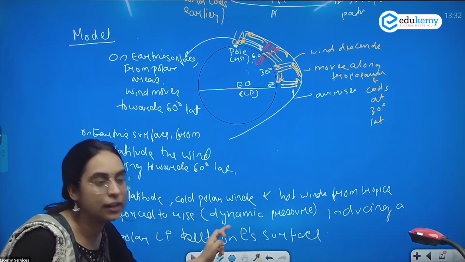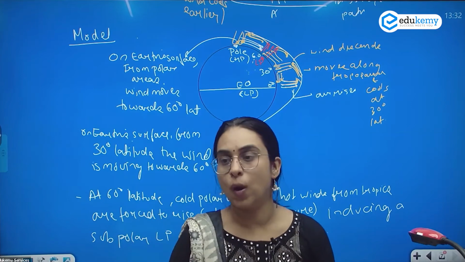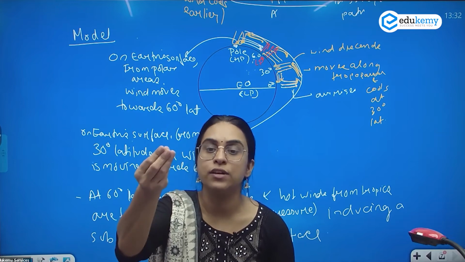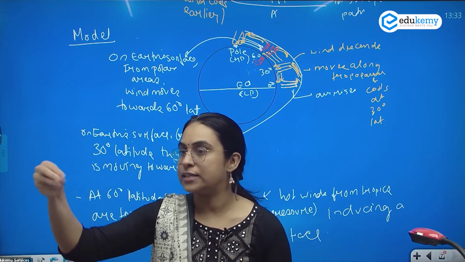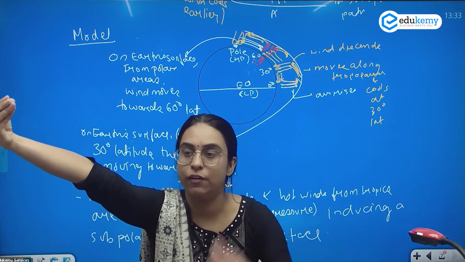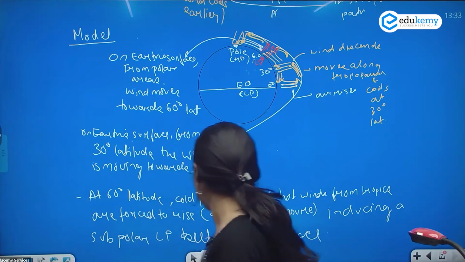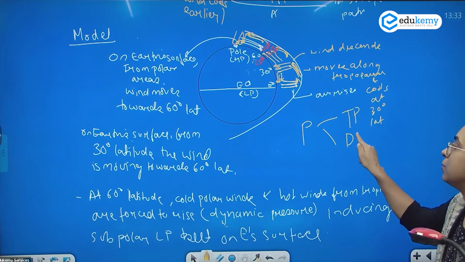They are dynamically forced. Dynamic यानी, see, there are two types of pressures. One is thermal pressure. Thermal pressure has an inverse relation to temperature. That is, if there is high temperature, there will be a low pressure. That is at the equator. Pressure can be of two types: thermal pressure and dynamic pressure.